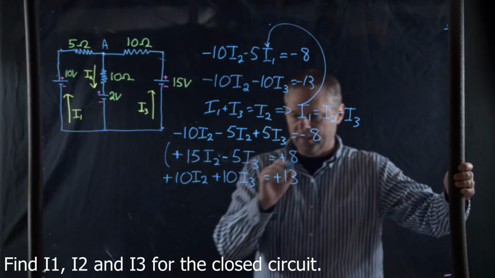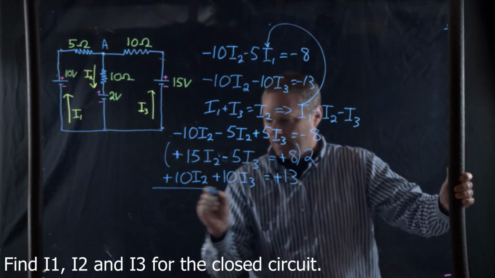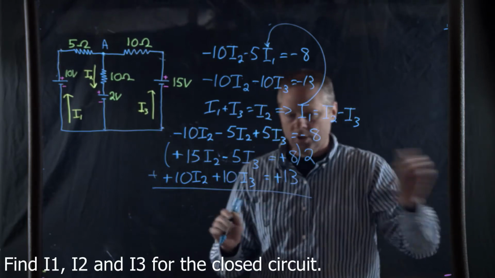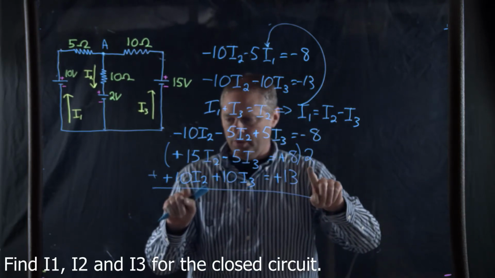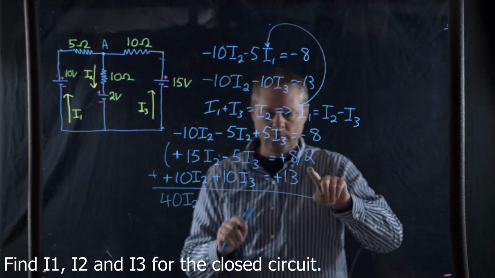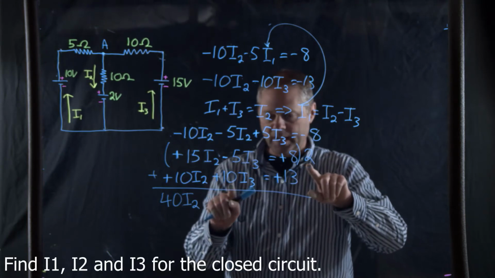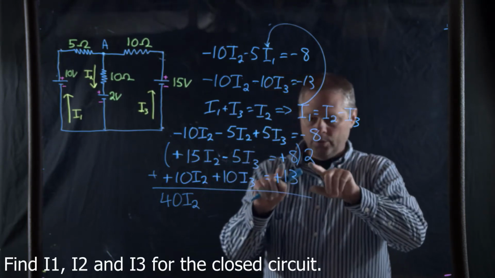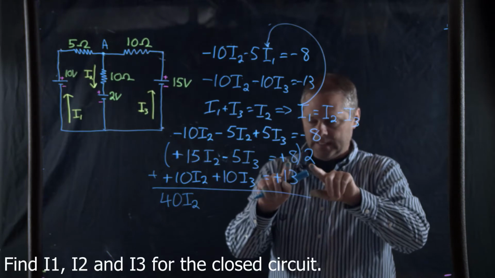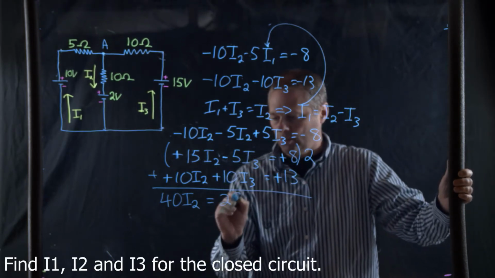If I multiply this by 2 and add this up, 2 times 15 is 30, plus 10 gives me 40I2. 2 times a negative 5 gives me negative 10, which will cancel with this. 2 times 8 is 16, plus 13 is equal to 29.